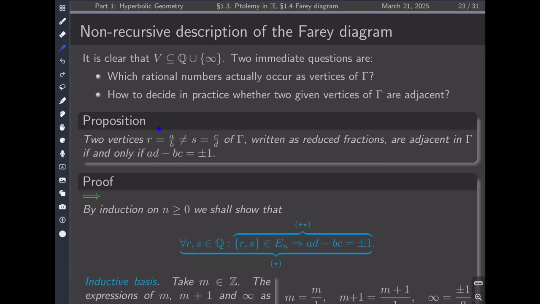And the answer is, I would say, quite beautiful. If you give me two different vertices, written already as reduced fractions, they happen to be adjacent in the Farey diagram precisely when the determinant of them seen as a matrix is plus or minus 1. So you see here there's a rational number A divided by B seen as a vector, C divided by D seen as a vector.